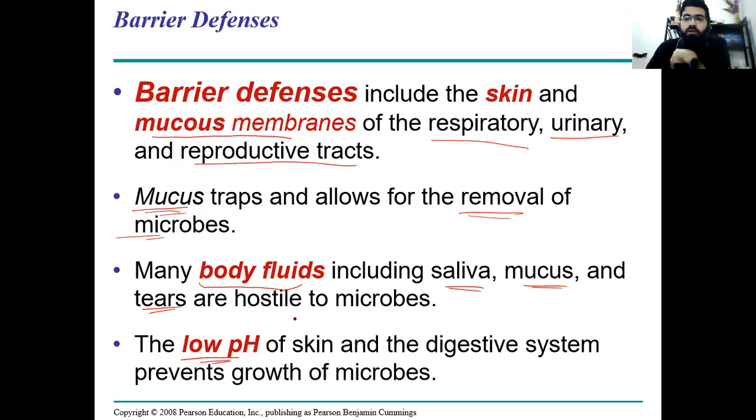Also inside our digestive system, in our stomach, we have very low pH that prevents growth of microbes, and this is also a kind of barrier defense. Barrier defense is the first line of defense in the body.